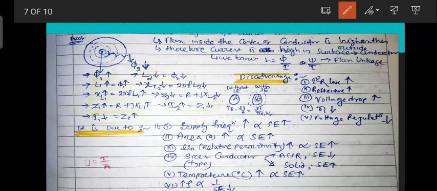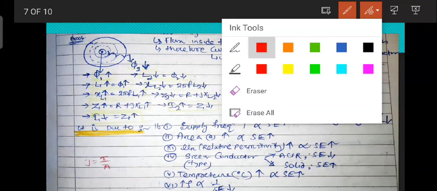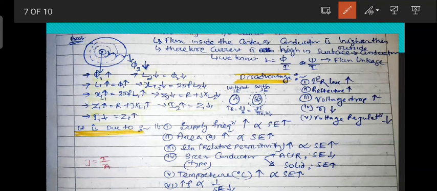This is our figure. This is our conductor. Then the flux inside the conductor is very high. So by the previous formula, which I think was not shown to you, let me write it again. Inductance is directly proportional to flux. So inductance increases with increase in flux, and inductance decreases with flux on the outer side.